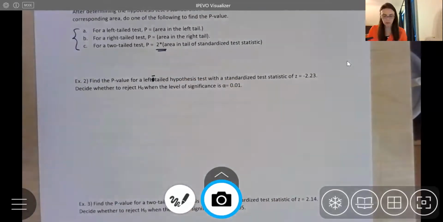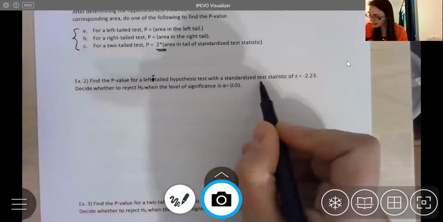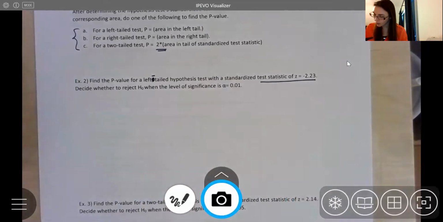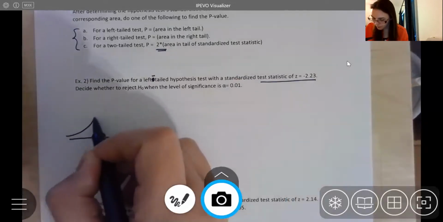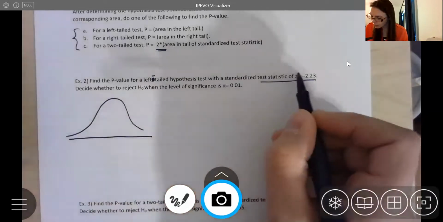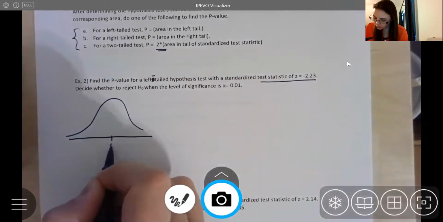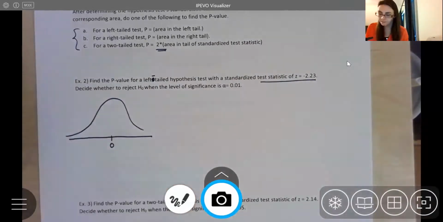Find the p-value for a left-tailed hypothesis test with a standardized test statistic of z equals negative 2.23, and then decide whether or not to reject the null hypothesis. All right, so I'm going to draw my picture first. Now again, we're using z values here, so my center must be 0. That's my mean.